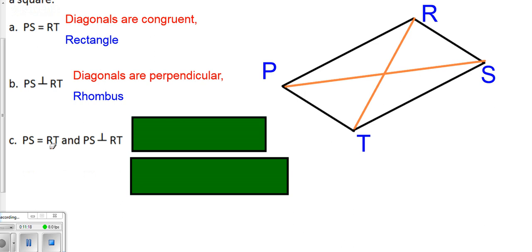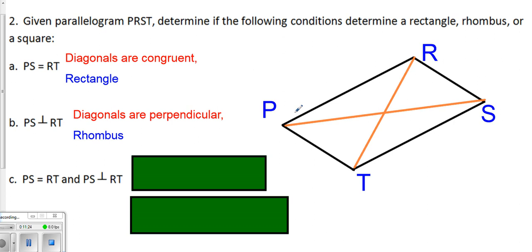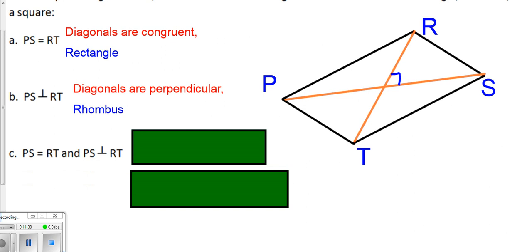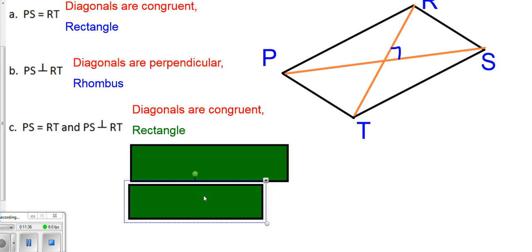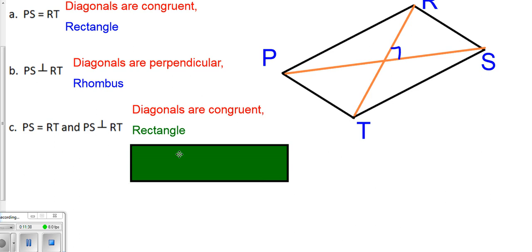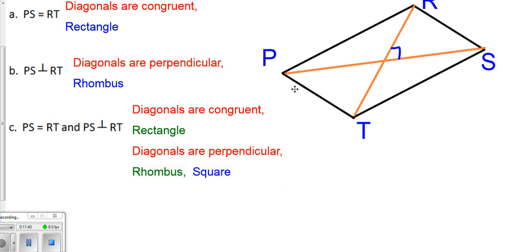And if PS equals RT and PS is perpendicular to RT, so if this is the same length as this one and these intersect at a right angle, well, this being equal to this means the diagonals are congruent. This being perpendicular to each other means the diagonals are perpendicular.